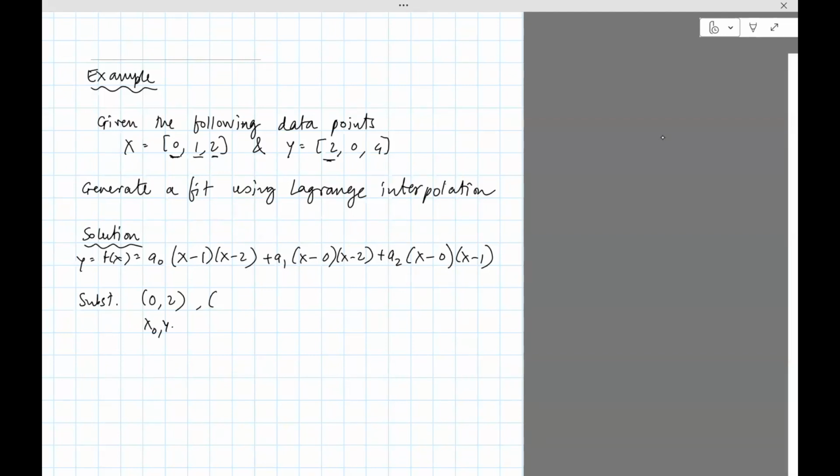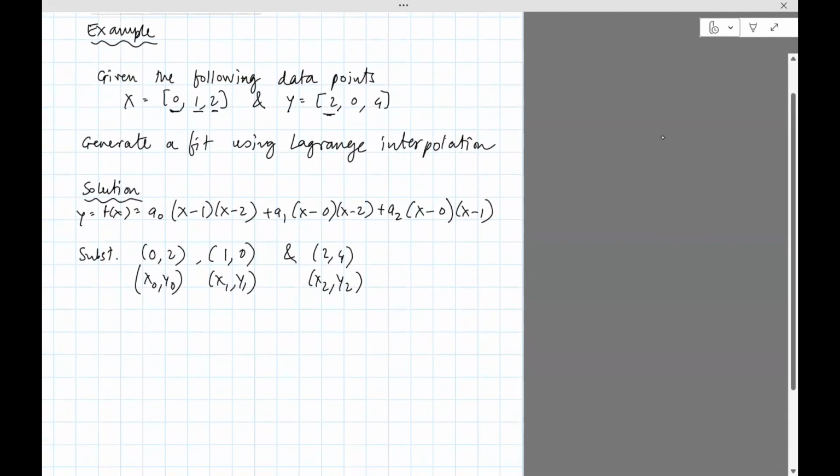So it will be x0, y0, 1, 0, x1, y1, and 2, 4, x2, y2, and solve for a0, a1, a2. I'll let you try doing that yourself, and then I'll solve the problem after that. Let me know what you get for a0, a1, and a2.